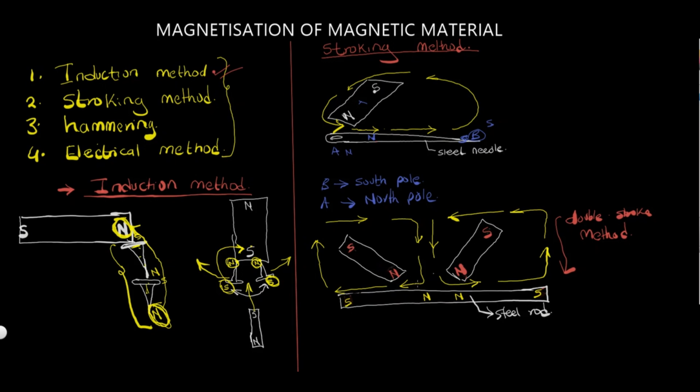So this is a magnet with consequent poles at the center, whereby this part is the north pole and this part is the south pole. So we have the same polarity at the middle. So the most important thing you need to know is that at the end of stroking, it will acquire a polarity that is opposite to the pole used by the magnet during stroking. So this one is the north pole. So definitely at the end of stroking, this part here will be the south pole.